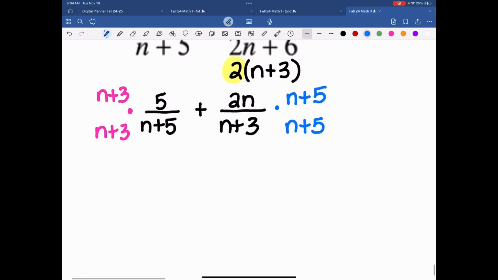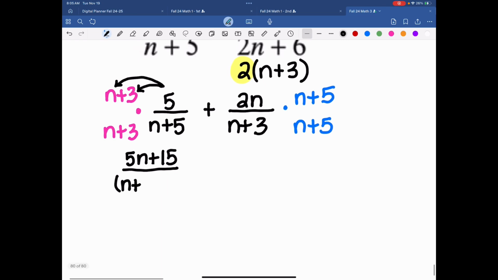All right, so again, we're going to distribute that 5. We're going to distribute the 5 to the n and to the 3. So that's going to be 5n plus 15. And then we have n plus 3, n plus 5.